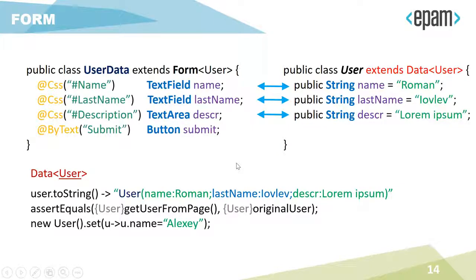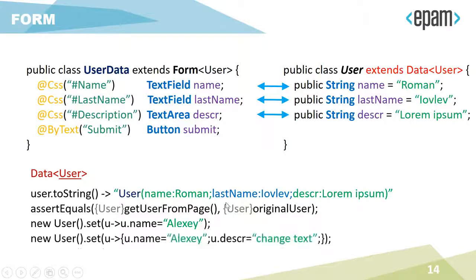And also you have the ability to set up all your variables, all your fields in this data in a simple way in one line, and you already have the setters for all fields. This way you can set up the name, and this way you can set up a different field or list of fields.